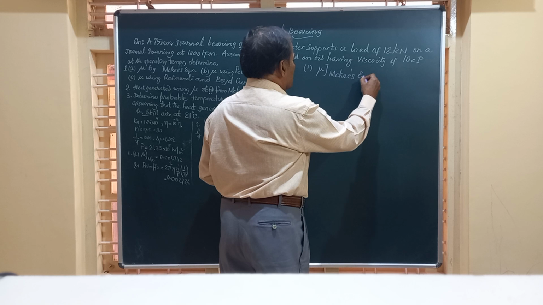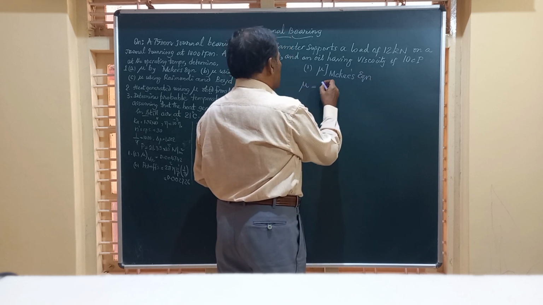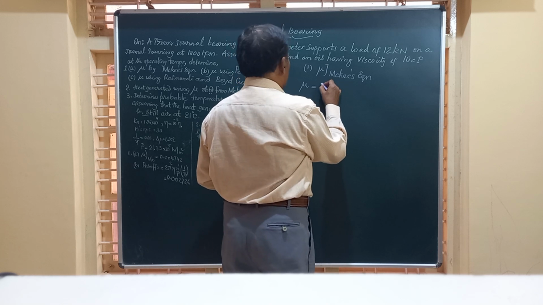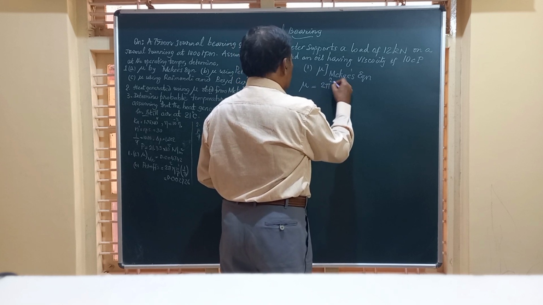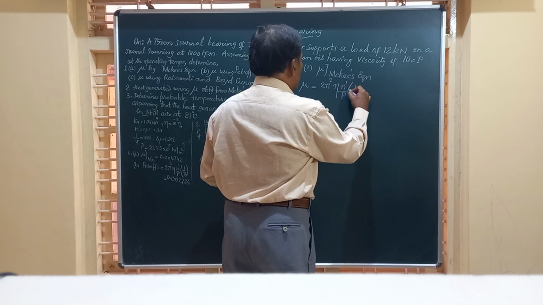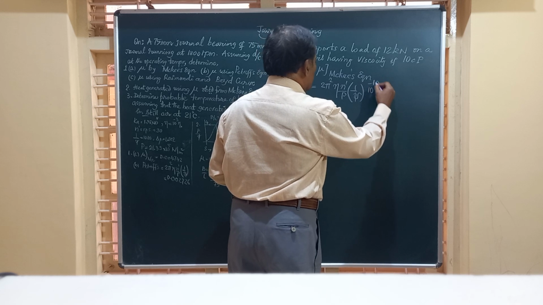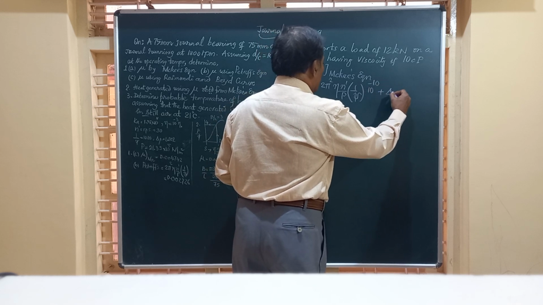Mackey's equation. Friends, this mu is given by this formula: 2 pi square eta n dash by p into 1 by psi into 10 to the power of minus 10, plus delta mu.